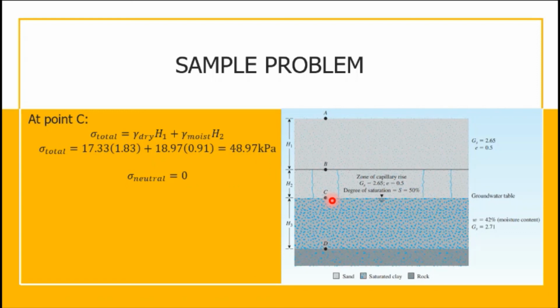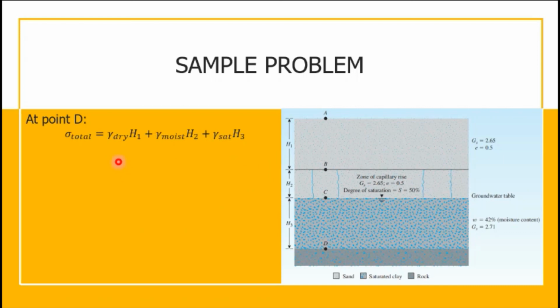So the height difference is 0. Therefore, the neutral stress is equal to 0. And the effective stress is equal to the total stress because neutral stress is equal to 0. And that would be equal to 48.97 kPa.